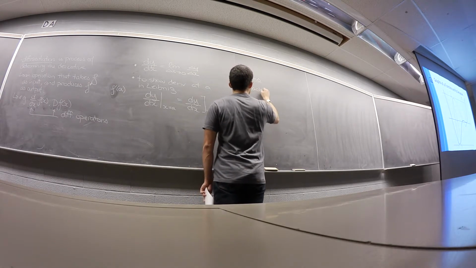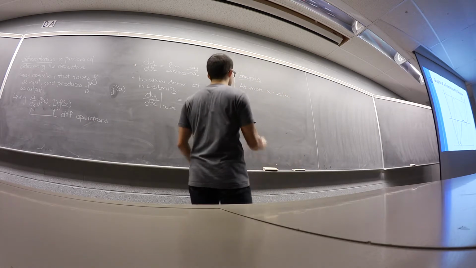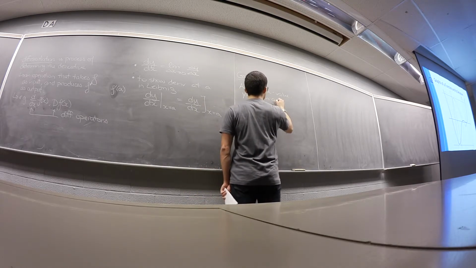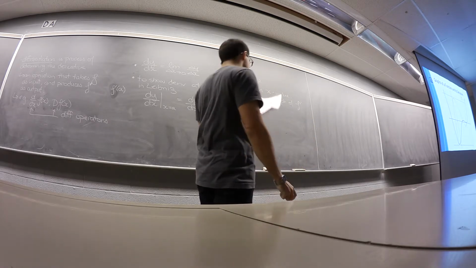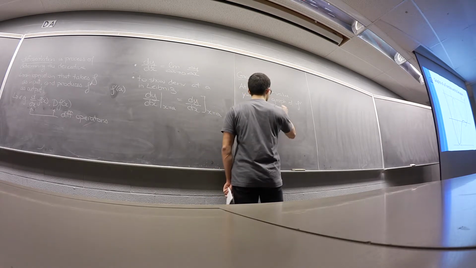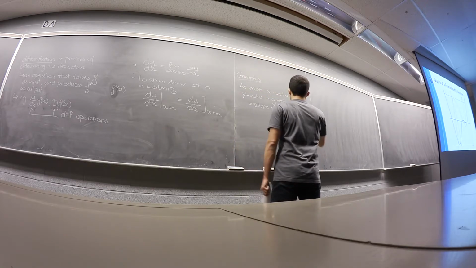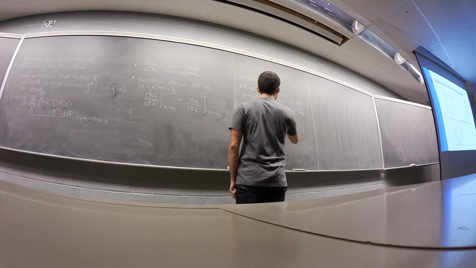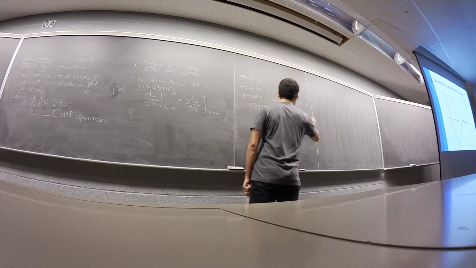At each x value, the y value in the graph of f prime is the slope of the tangent to the graph of f at that x value.